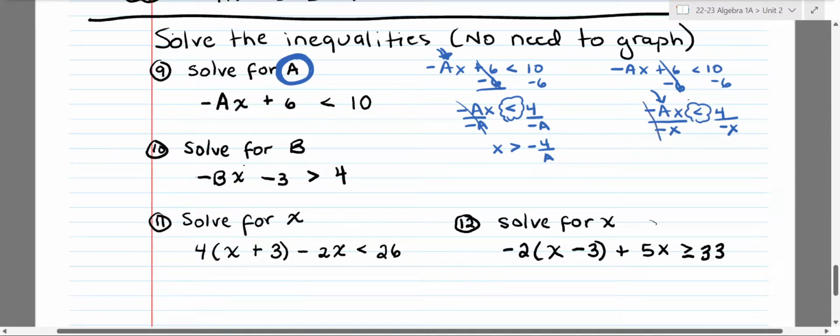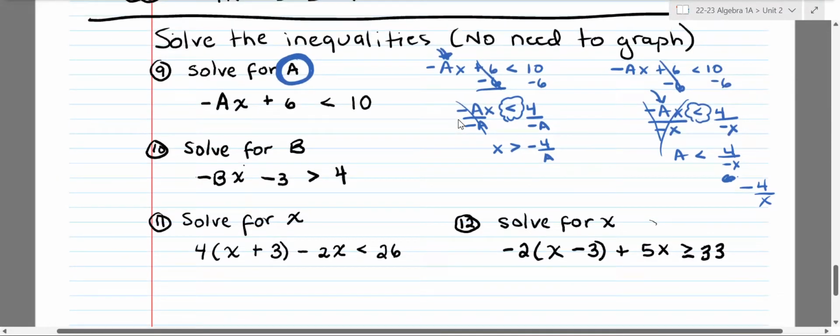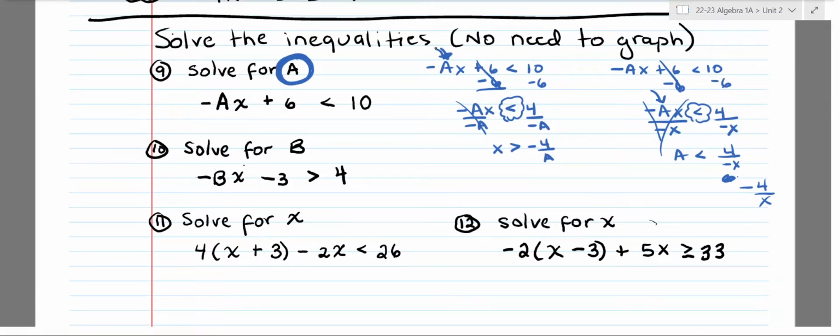The negative signs cancel, the x's cancel. We're left with a less than 4 over negative x, or negative 4 over x. Oops, my bad.